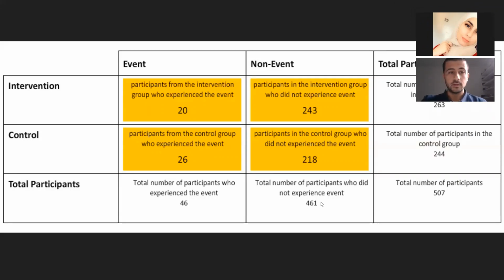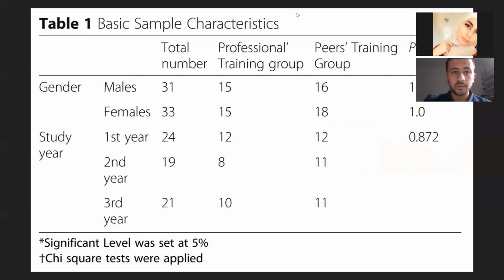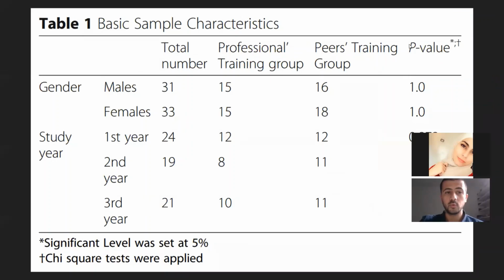For example, here we have that table. We are discussing the characteristics, but here we are just putting them in different groups. Here we have 2 groups, males and females, and we have a professional training group and a peers training group.